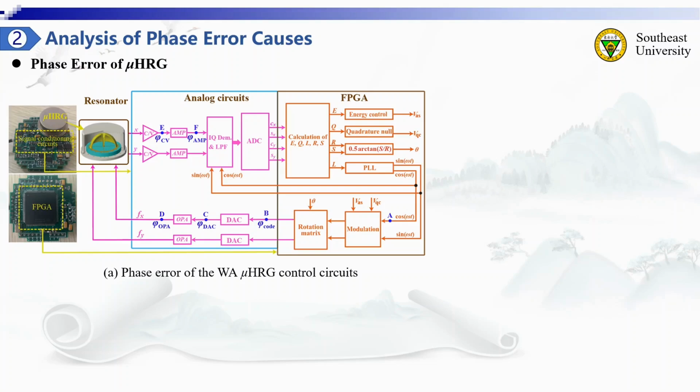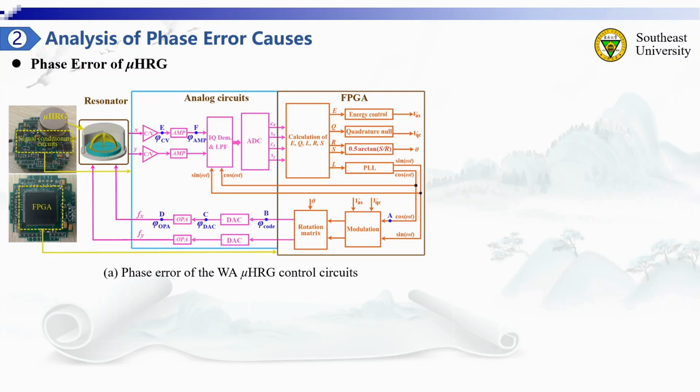Taking the signal at node A as the reference, nodes B to F show the phase error of each signal processing module. The phase error from A to B is phi code. It is the phase error caused by the digital signal modulation.